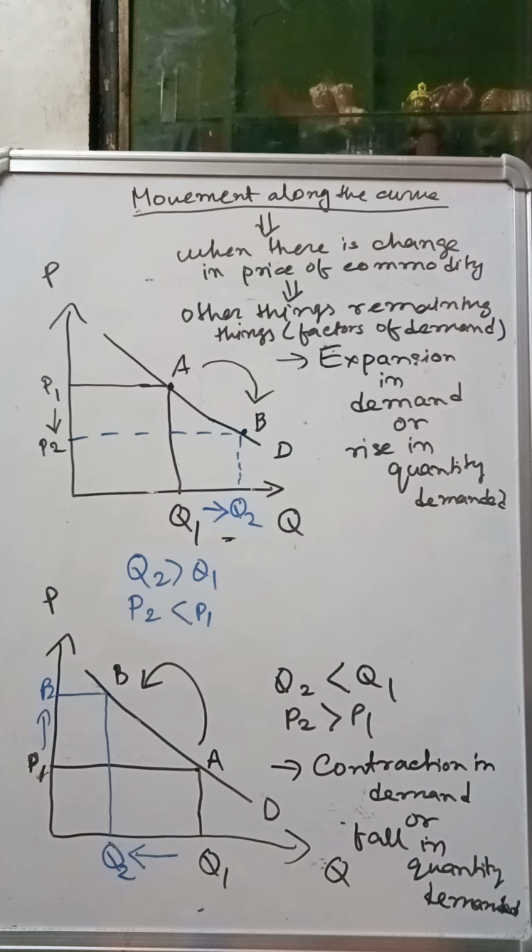Two things we have to remember: a change in price of the commodity, and other factors of demand remaining same. So we have two kinds of movement along the curve, expansion in demand and contraction in demand. Expansion in demand takes place when there is a fall in price, and contraction in demand takes place when there is a rise in price. Okay, I hope this is clear.